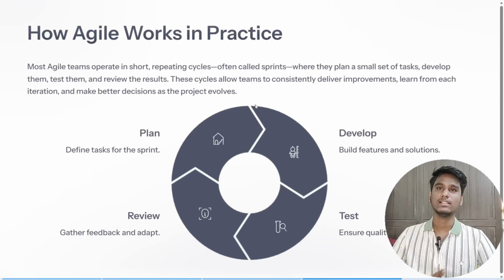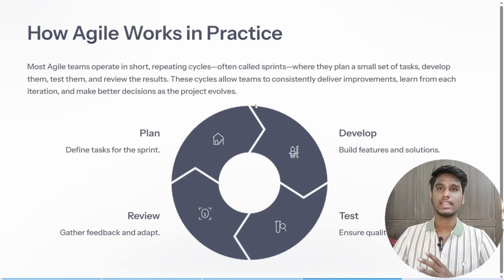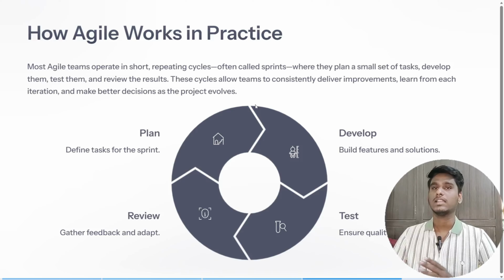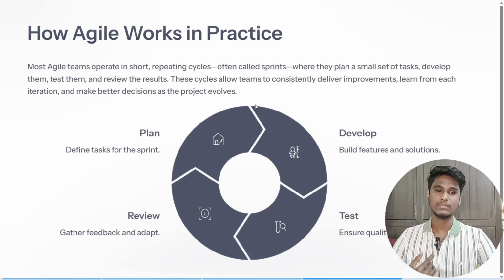And how does Agile work in a process? First, there is a planning process which defines the tasks for the sprint. Then developing the product and building the features and solutions.